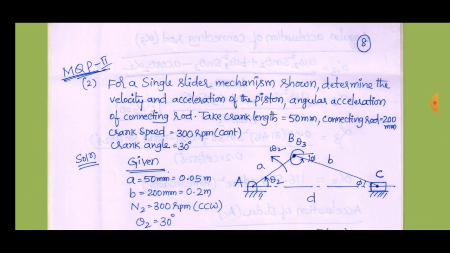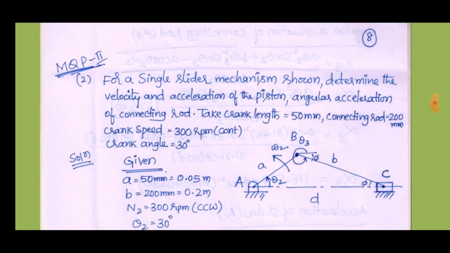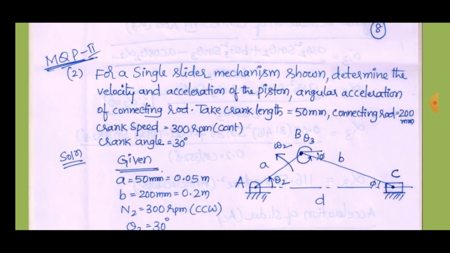He has given a statement like this: for a single slider mechanism shown, determine the velocity and acceleration of the piston and the angular acceleration of the connecting rod. Take crank length equal to 50 mm, connecting rod equal to 200 mm, and crank speed equal to 300 rpm, constant, and crank angle equal to 30 degrees.